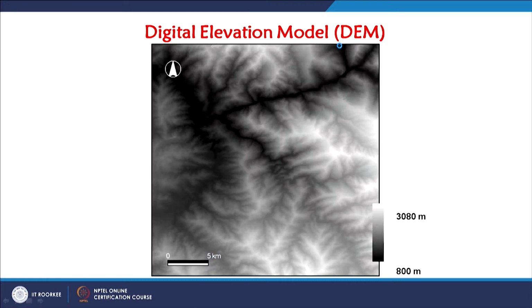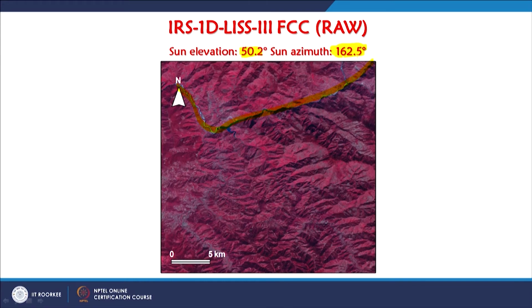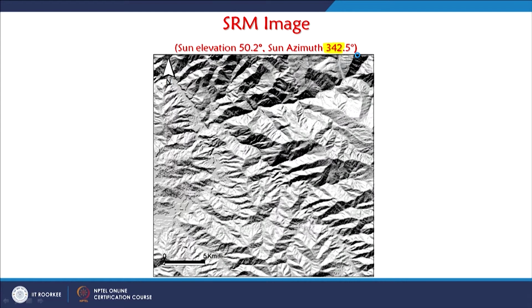That means the original image's azimuth of 162.5 has had 180 added, and we end up with 342.5. And then replacing this with the intensity image, and the hue and saturation images remaining the same, we do a backward transformation from IHS to RGB, and we end up with this image.